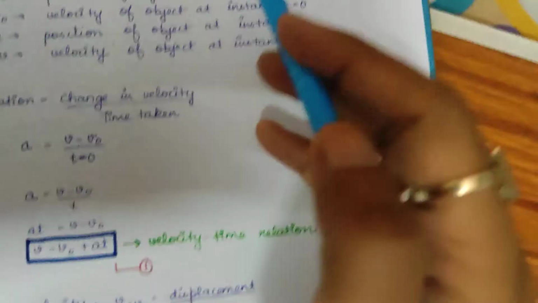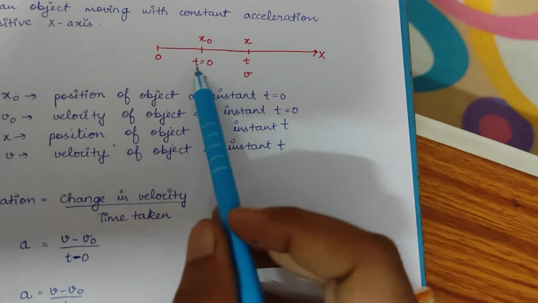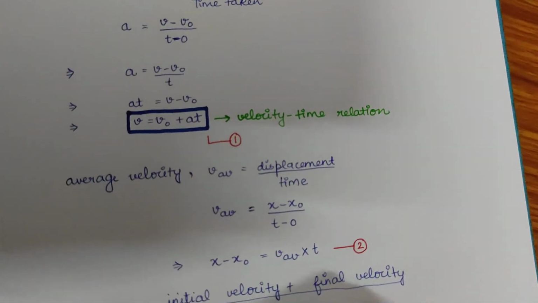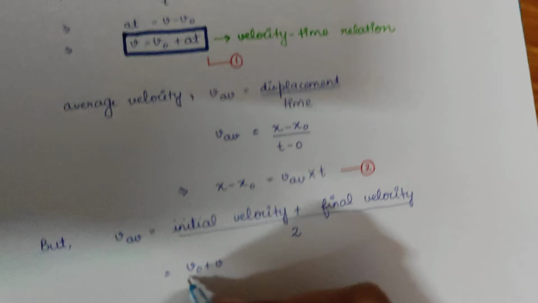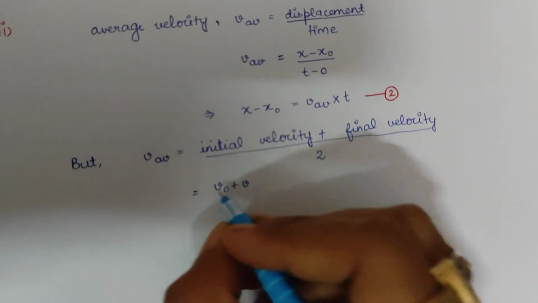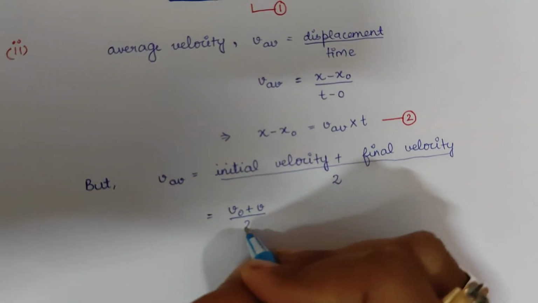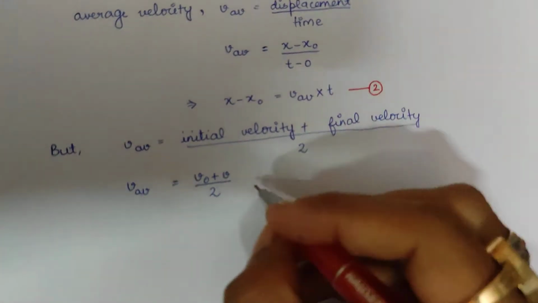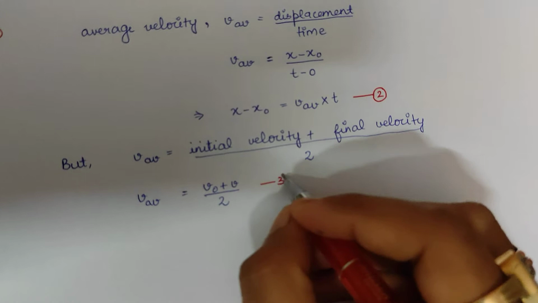The initial velocity in this case is v naught and the final velocity is v. So v naught plus v divided by 2 equals v average. Let us suppose this is 3.